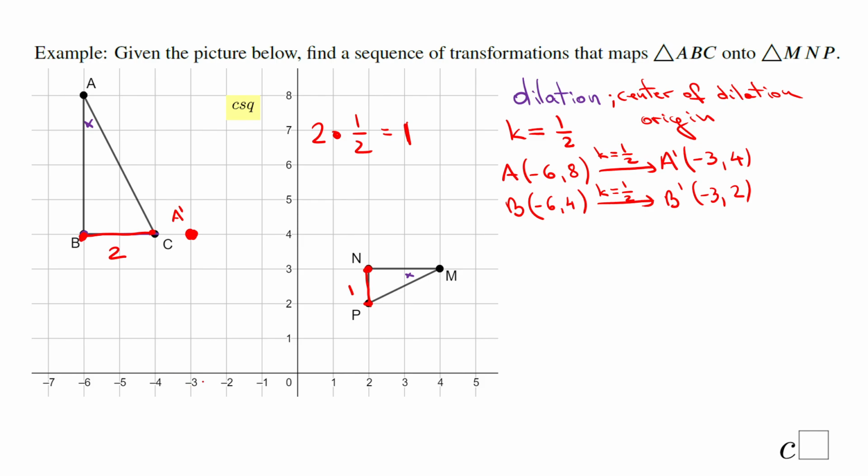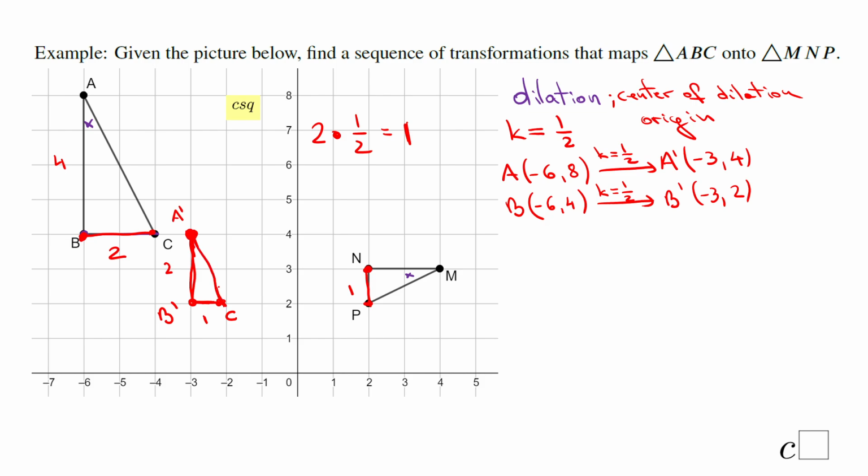So you have -3 and 2, this one. So this is B prime. So you notice now we do have a reduction here. AB, which was 4, becomes 2 here. And obviously this is going to be B prime, C prime, which is 1. Like I said, it's a reduction, right?